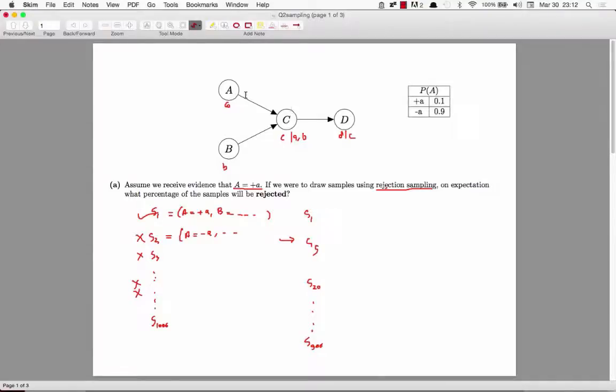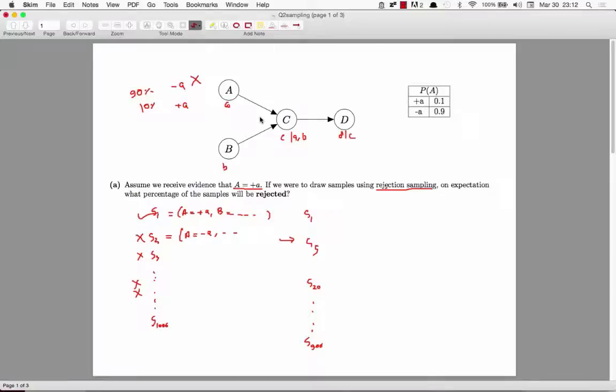Now, initially when we sample the variable A, the probability of A is given by this table. So you can sample minus A with 0.9 probability and plus A with 0.1 probability. So roughly 90% of the samples will have minus A, and 10% of the samples that you get will have plus A. All these samples will get rejected.